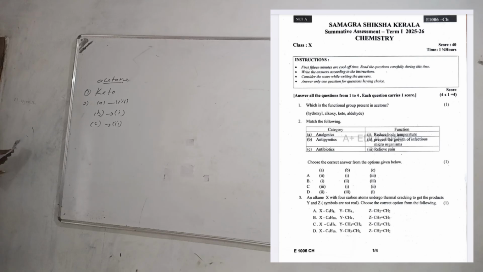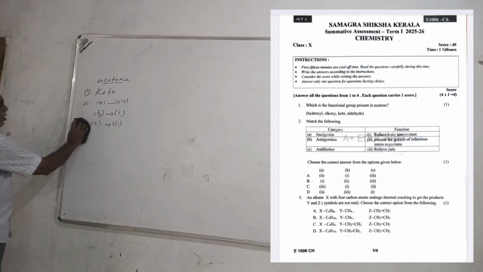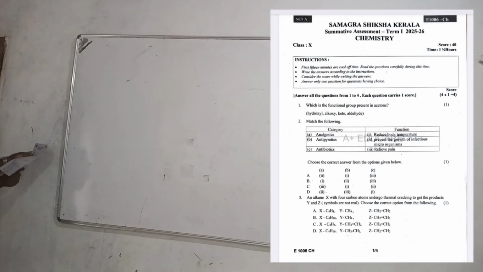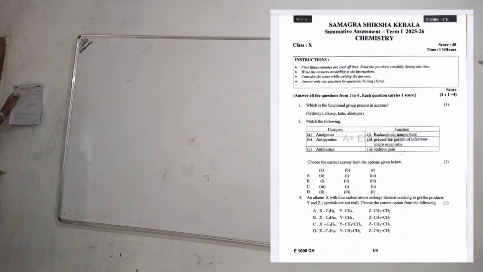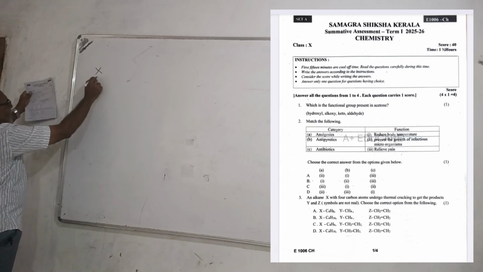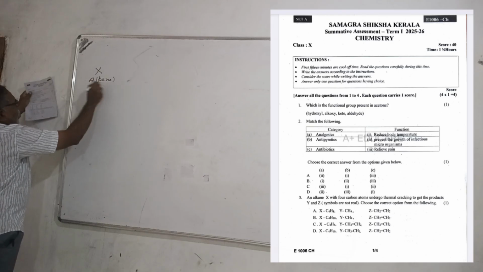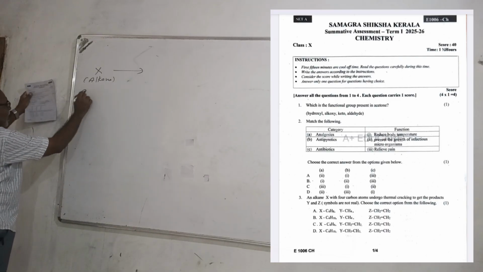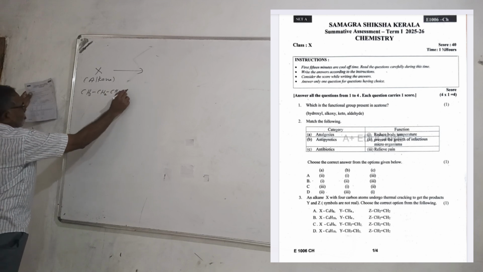Next, third question. An alkane X with 4 carbon atoms undergoes thermal cracking to get the products Y and Z. X is an alkane with 4 carbon atoms, so we can write CH3, CH2, CH2, CH3.